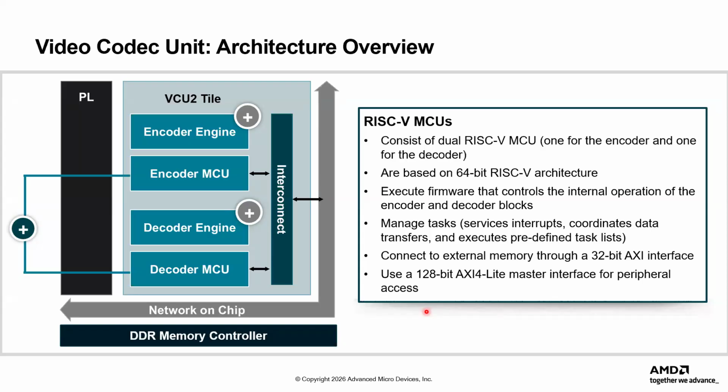You have individual tasks, service interrupts, coordinating the data transfers, the predefined task list. All of that executes on these processors. These connect externally to a 32-bit AXI interface and then use an AXI Lite interface for peripheral access. So these are the building blocks that make up this overall VCU tile.